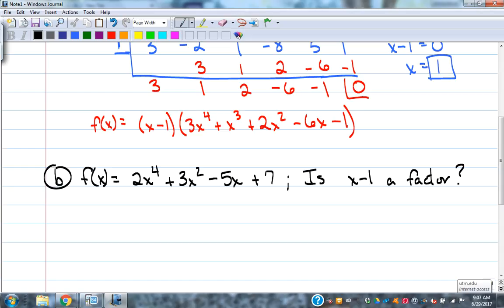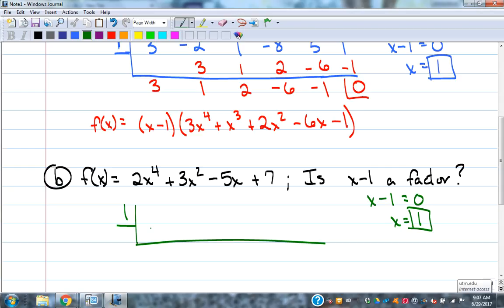So again, same idea. You're going to take whatever factor you're checking, set it equal to 0, and that's going to give you the number that goes on the shelf. So we're checking the same one, so it's the same k value. We're just putting 1 on the shelf, and then we're putting that polynomial on the top row, the coefficients.